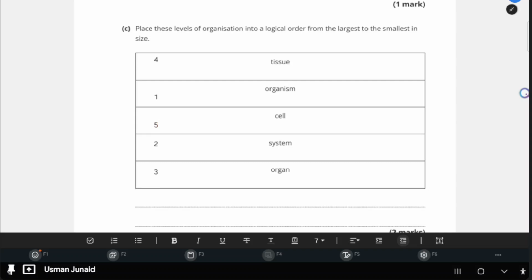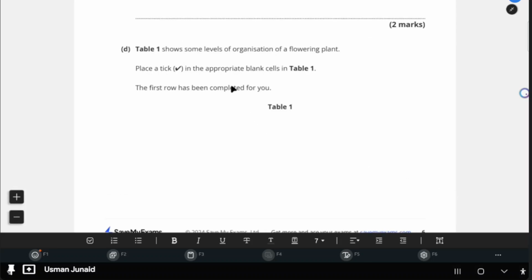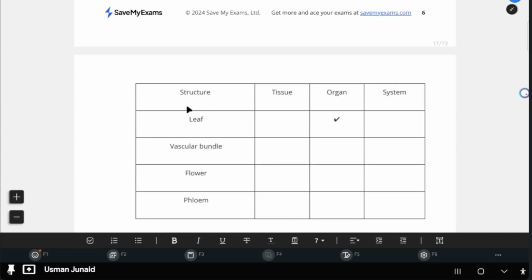The table shows some levels of organization of a flowering plant. Place a tick in the appropriate blank cells. So, leaf is an organ. Vascular bundle, what is this? Is it an organ or a system or a tissue? It's a system.